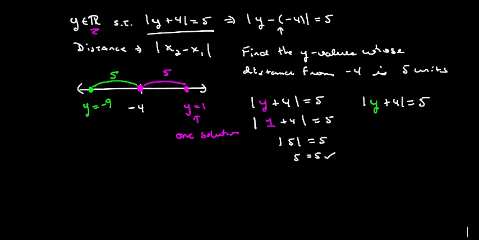Okay, so we'll plug in what we got for the y value, which was -9. Now -9 plus 4 is -5, but remember there's still the absolute value around that, and the absolute value of -5 is 5. So that checks. This is the second solution.